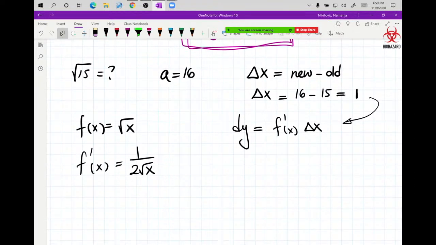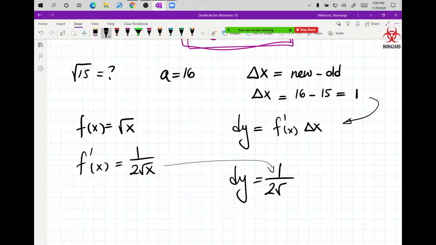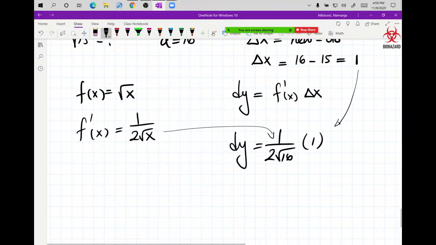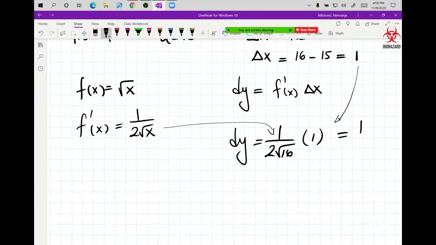And now we plug everything in. So dy is equal to 1 over 2 square root of 16, and then this one is the 1. So the whole thing is 1 over 8.